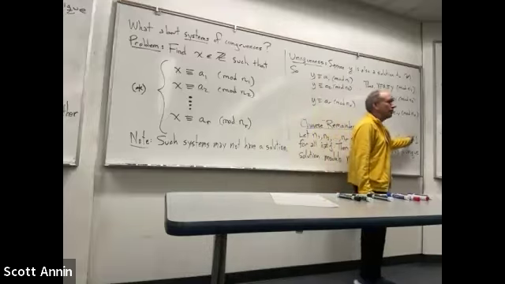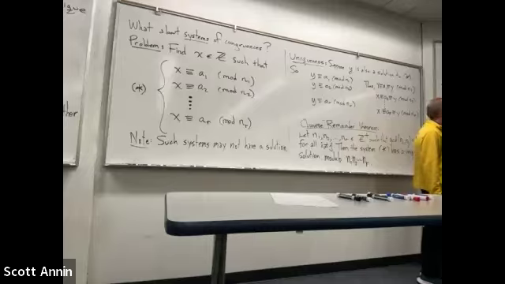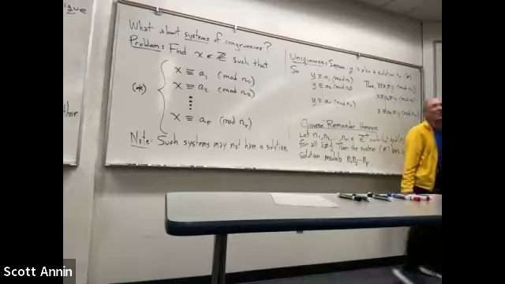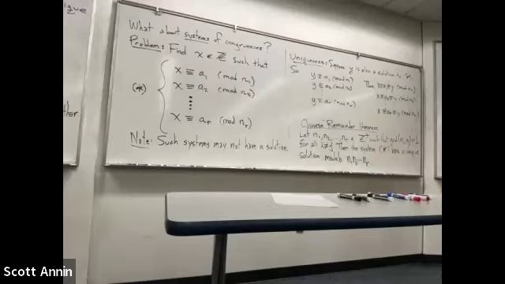They have no common factors. So this x minus y has all of the factors of n1 in it, and n2, and n3, and none of those factors are common with one another. So x minus y will therefore be a multiple of their entire product. In fact, the least common multiple of these little n's is the product of all of those little n's, and x minus y is a multiple of that.